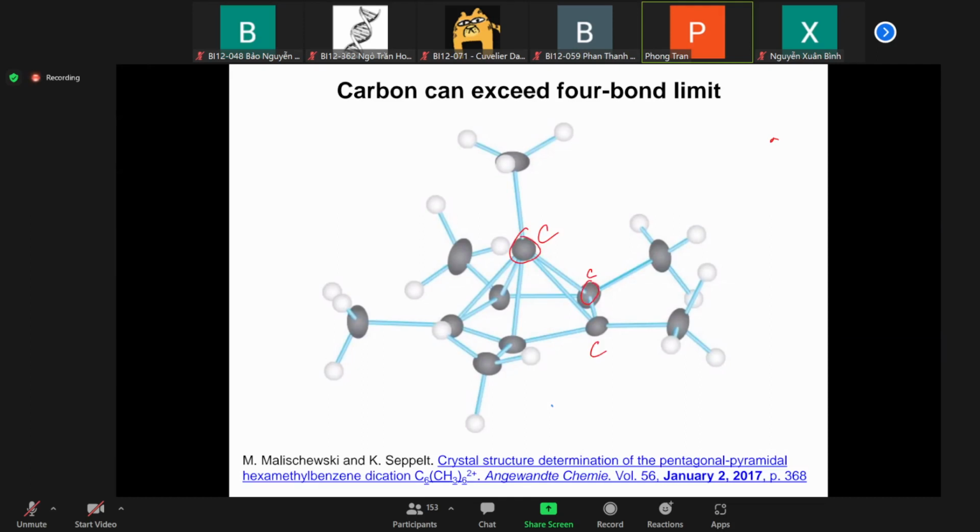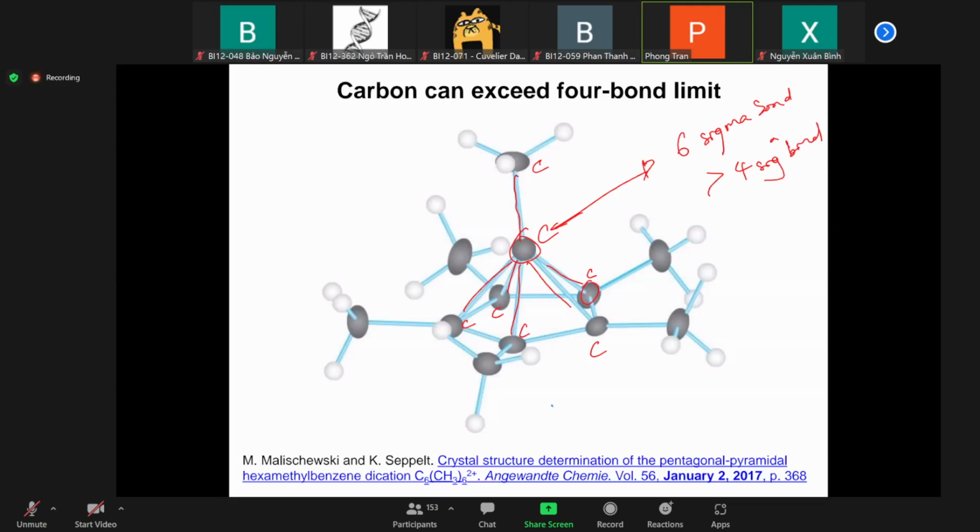Carbon, carbon, carbon, carbon, carbon, and here you have carbon. So you see that the carbon atom here has 1, 2, 3, 4, 5, 6. So this carbon has 6 sigma bonds. It's higher than 4 sigma bonds.